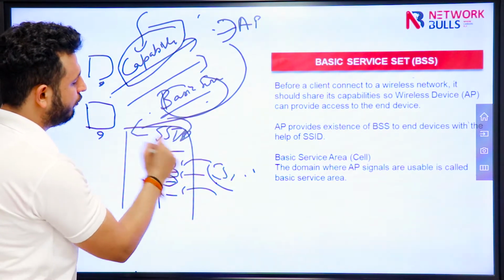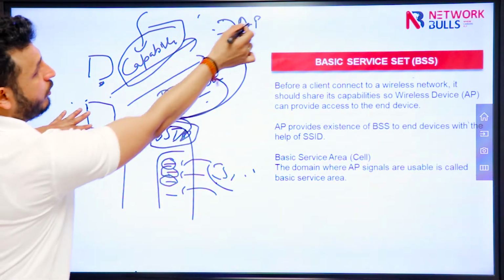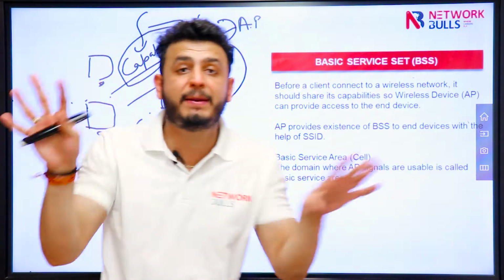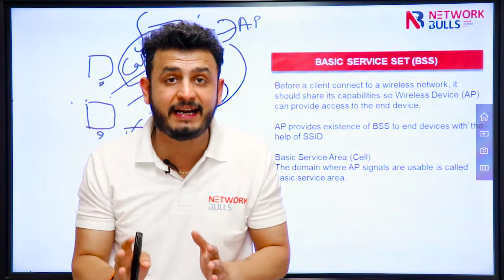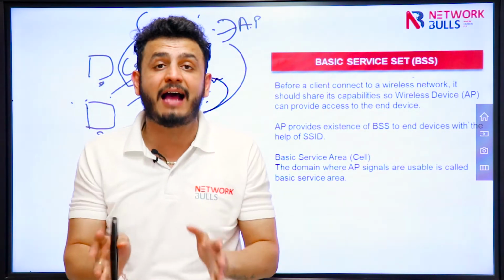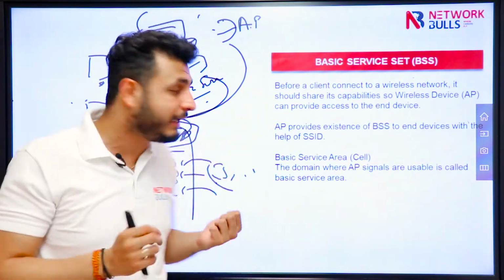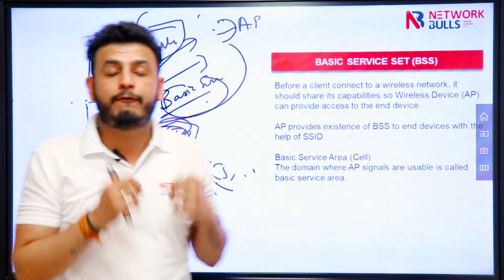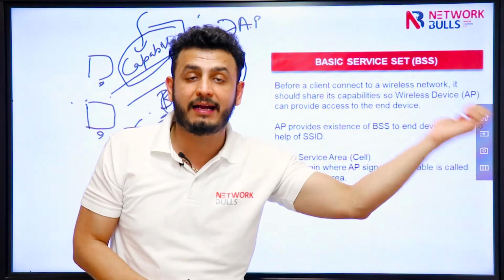So what he is trying to say is that whenever a client has to connect to an AP, it is not connecting to the AP, it is connecting to an SSID that is advertised by the AP. And that SSID has some capabilities that a client should meet before it connects to that particular SSID.